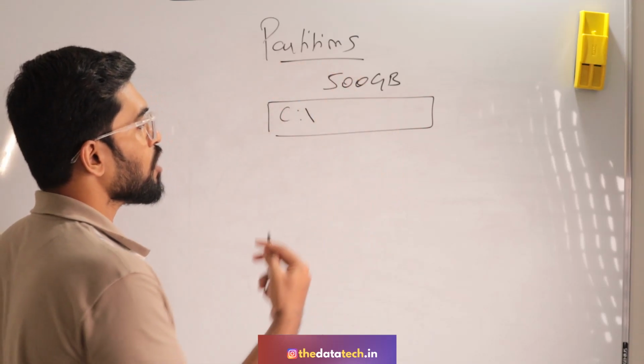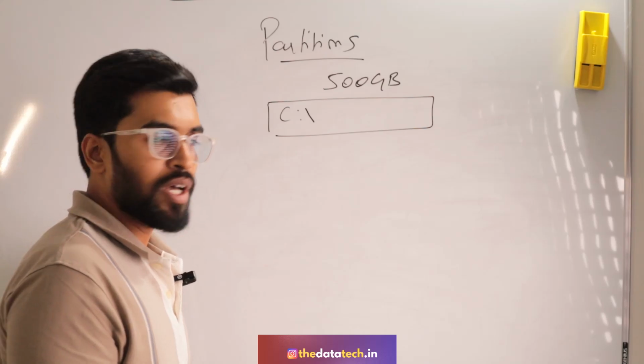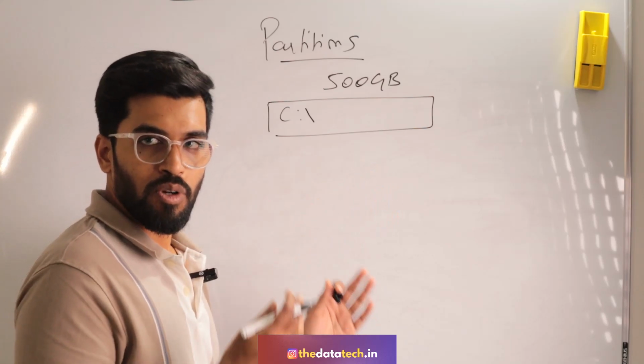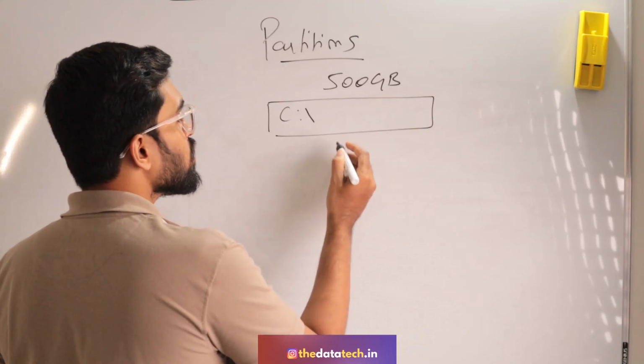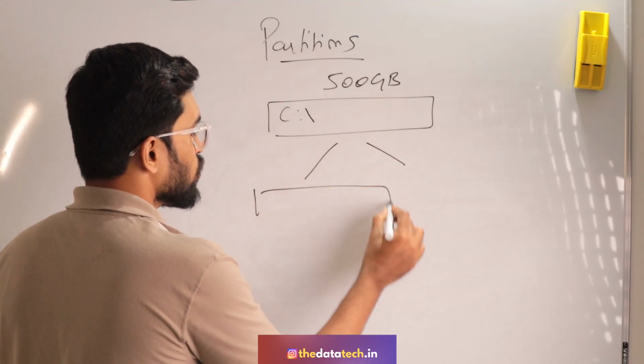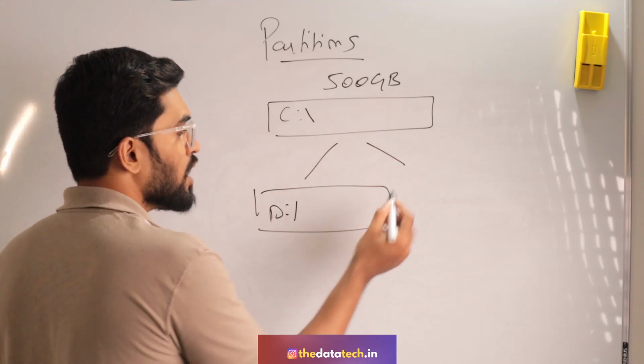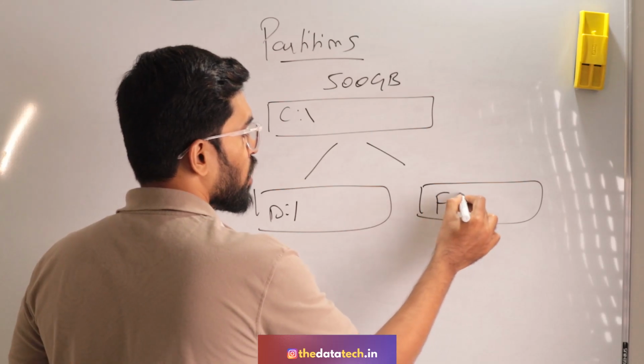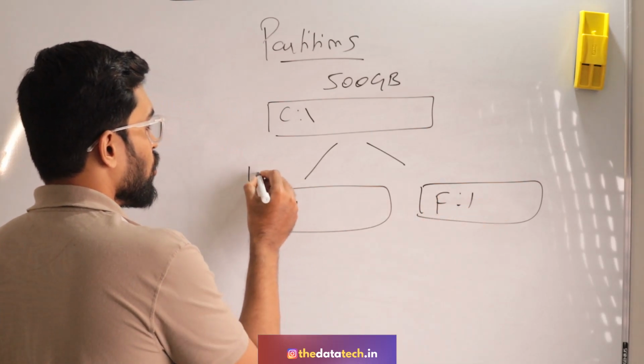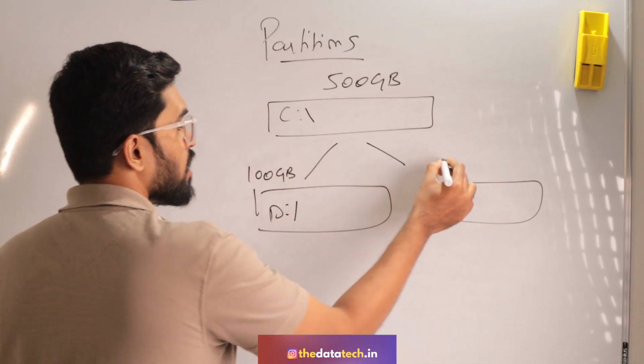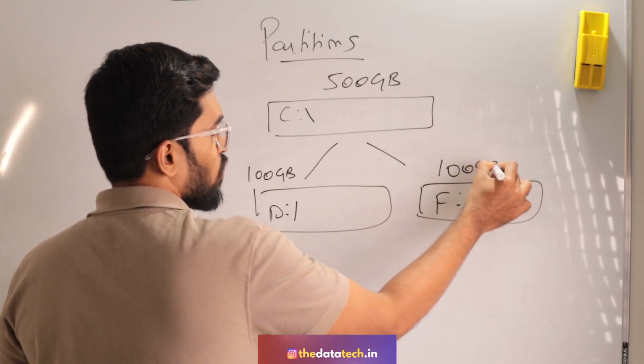So that's the reason what we do after buying a laptop with one allocation of C drive of 500 GB: we split this into multiple partitions, right? You will create one partition like D drive, and then F drive. You are allocating 100 GB for D drive and 100 GB for F drive.